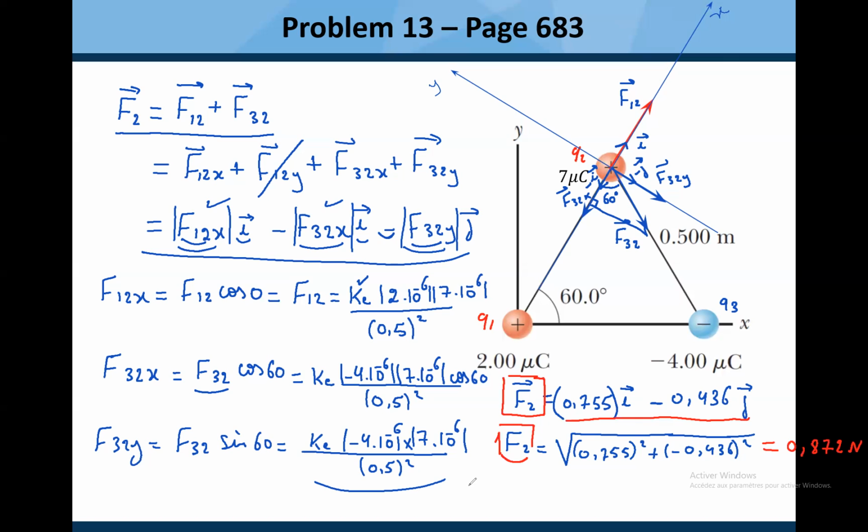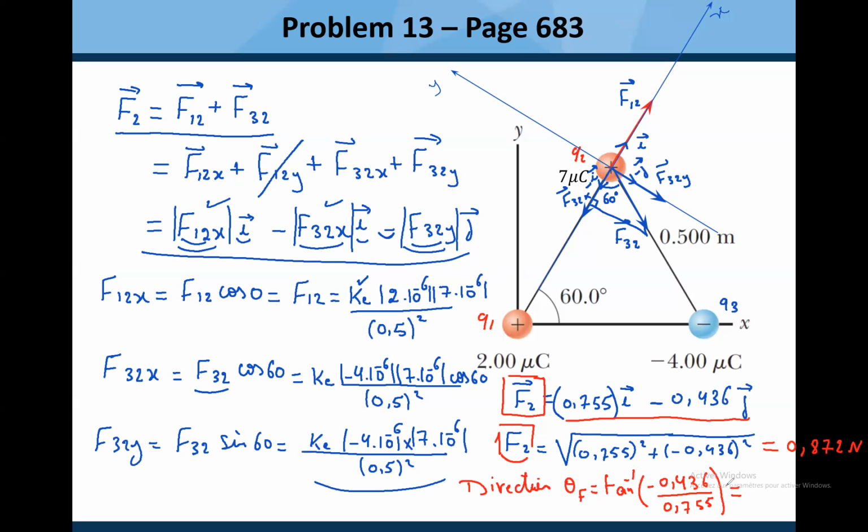Now, if I ask you to calculate the direction of this F, the angle of F equals tangent minus 1 of the y component over the x component, 0.436 over 0.755.